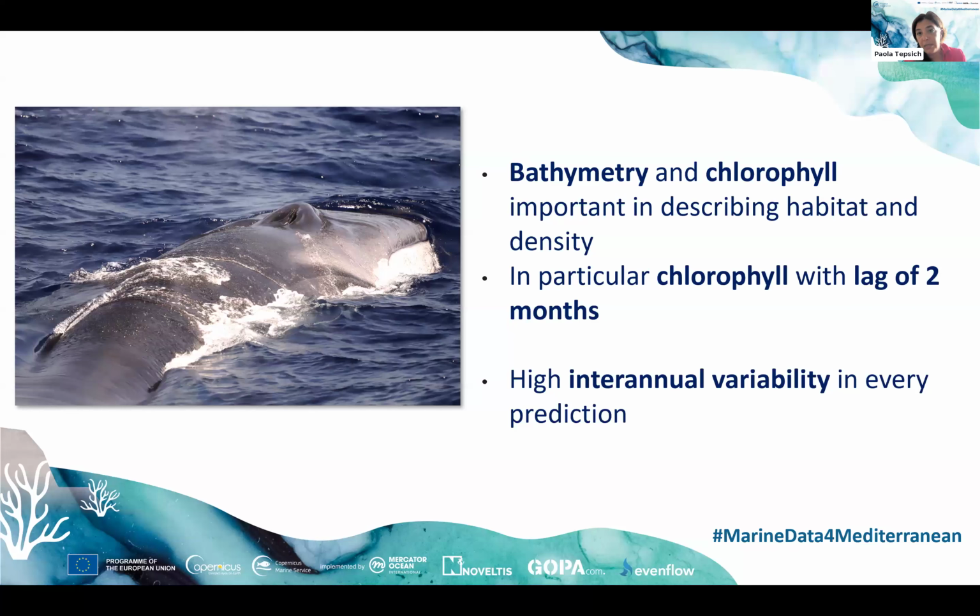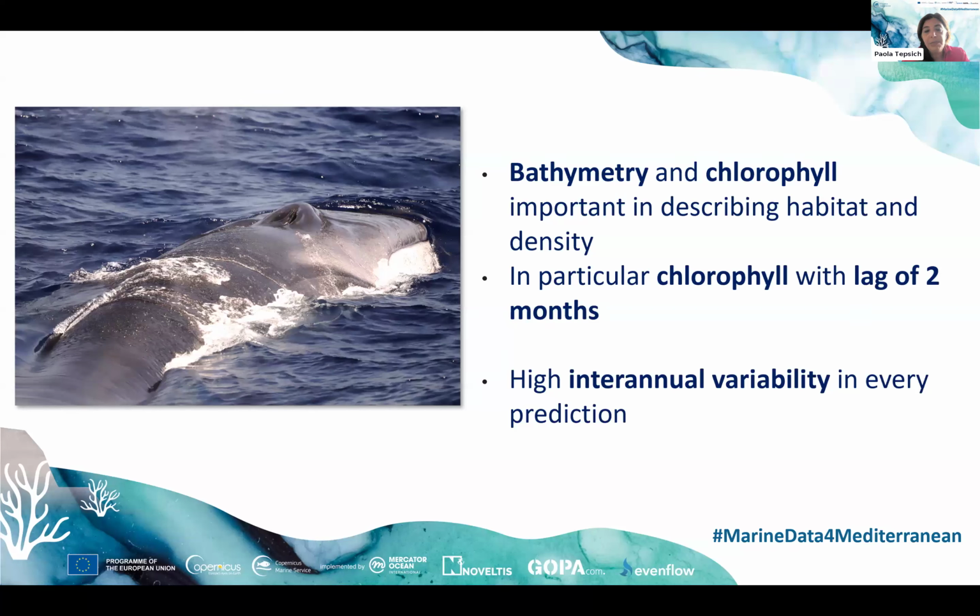This is not surprising because, being a filter feeding organism on zooplankton, its presence is almost directly correlated with the spring phytoplankton bloom. And this has been further demonstrated by the fact that the variable for which we find the strongest effect on the fin whale density and distribution is the chlorophyll with a lag of 2 months.